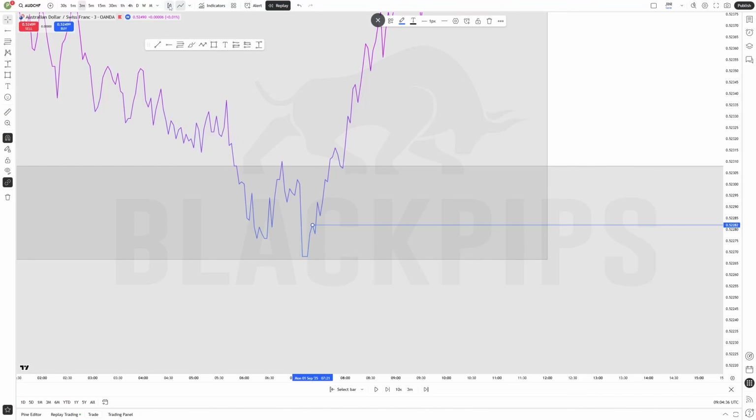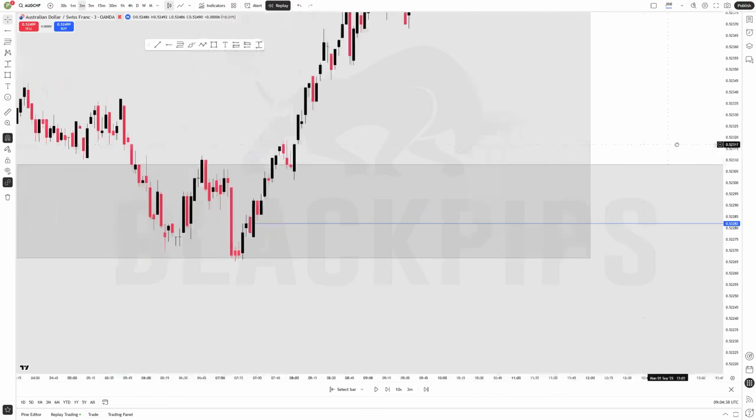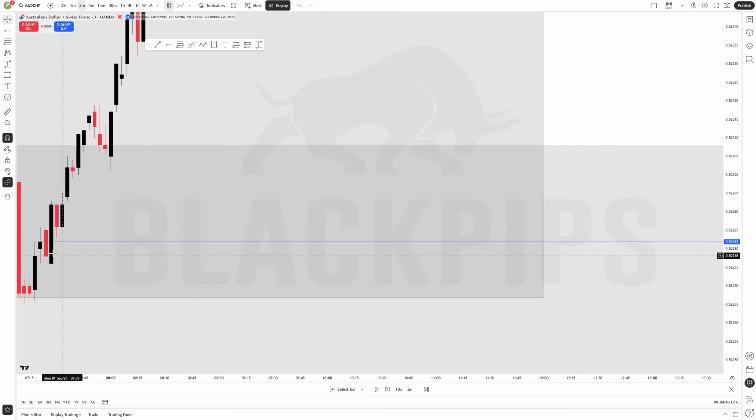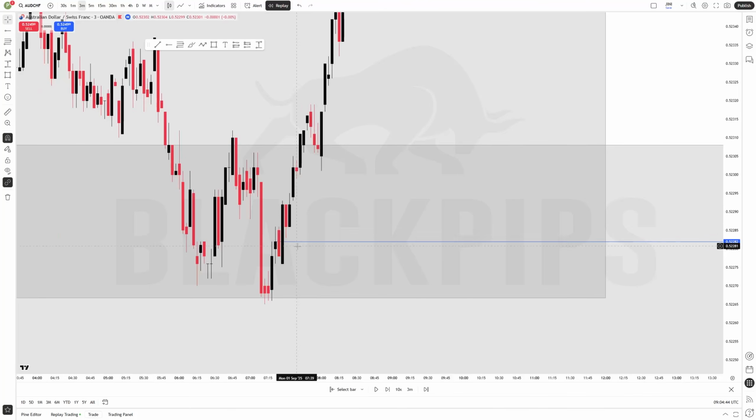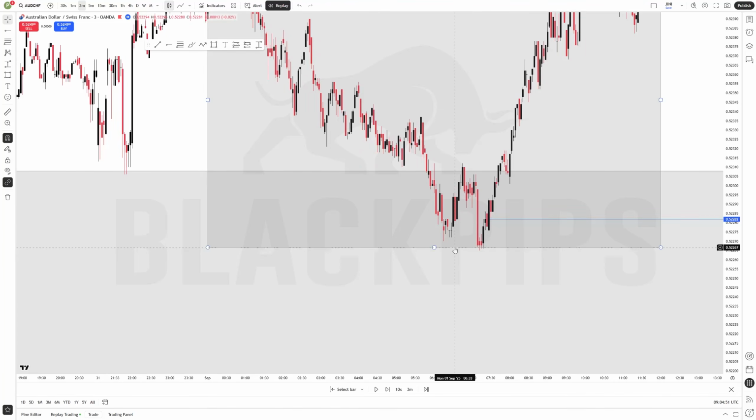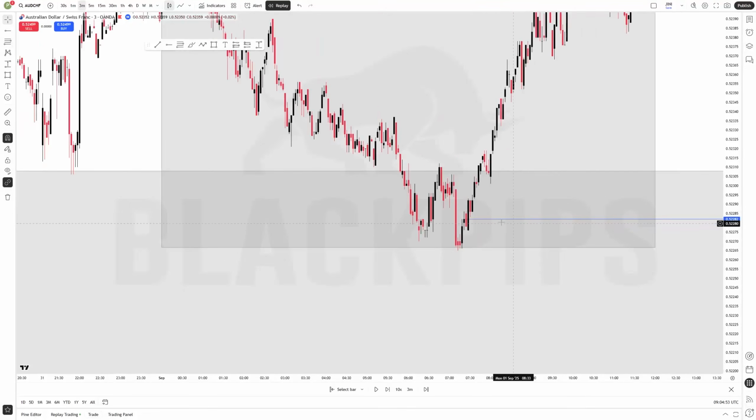If you go to the candle, you can see that after the validation by this bullish candle, there is no candle that came to take liquidity from this point here. So if it was me at this moment, I would take this one as my main area.